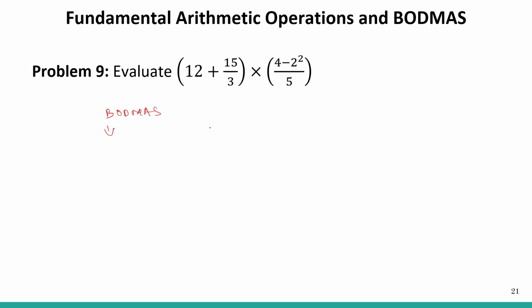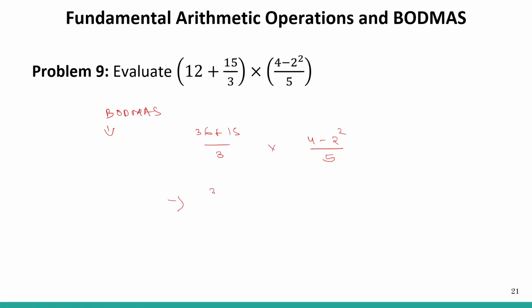So simplifying these brackets, what will be left with us is 36 plus 15 by 3, then multiplied by 4 minus 4 by 5, or 2 square, let's say for this time. Okay. So then we search for exponents and simplify them.